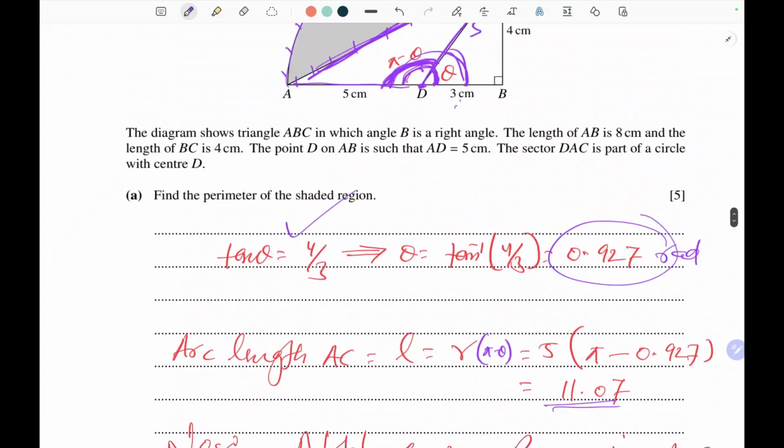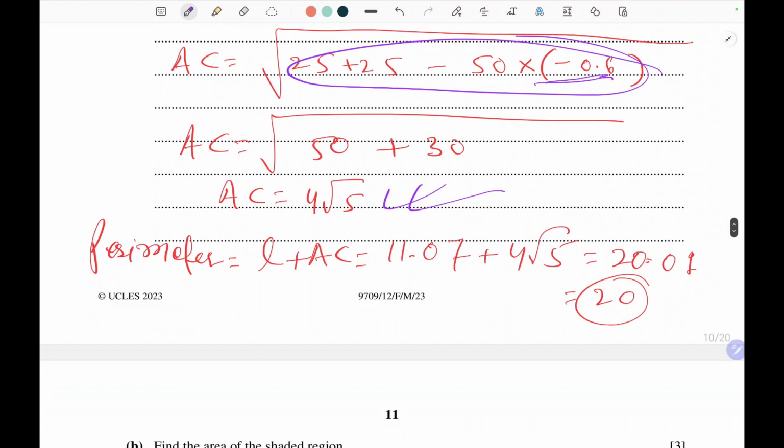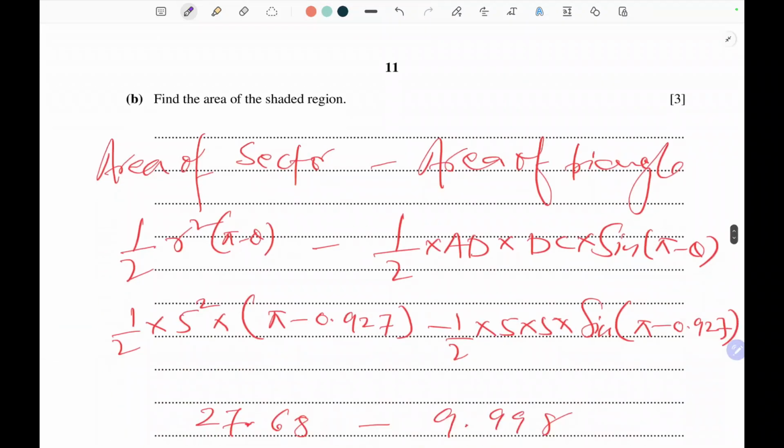So perimeter will be this arc length plus AC length, which is 11.07 plus 4 root 5. Just use calculator, you will get 20.01, which is approximately 20.